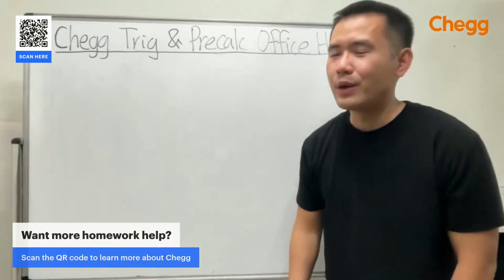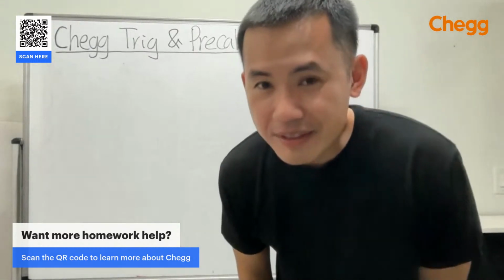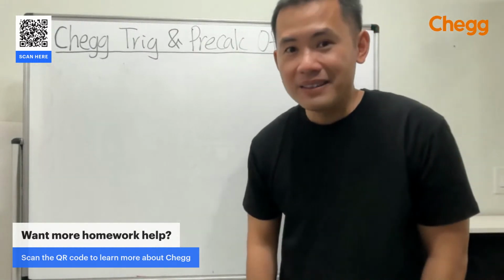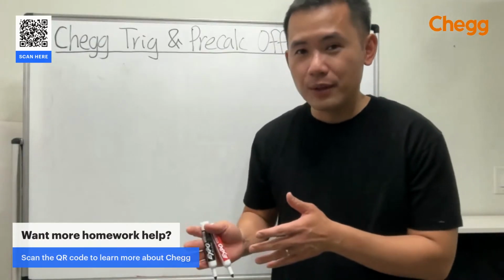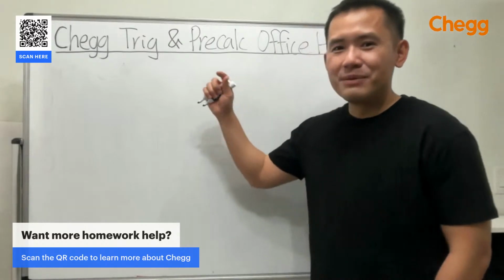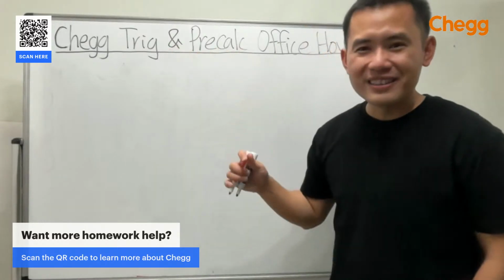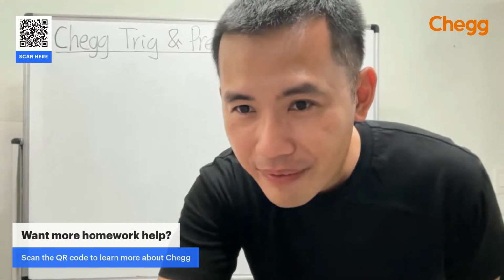Well, unfortunately, right now we are focusing on trig and pre-calc. But I can tell you real quick, linear algebra is hard. It's slightly more abstract, and you have to start doing some proofs and all that stuff. But for this live stream, I will have to keep it within trig and pre-calc.